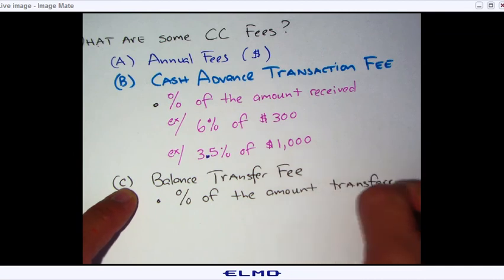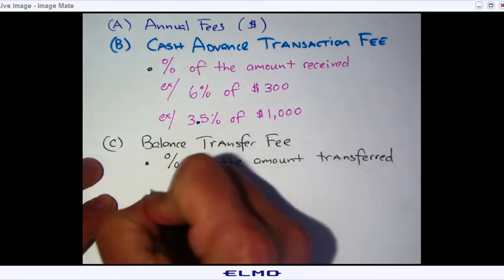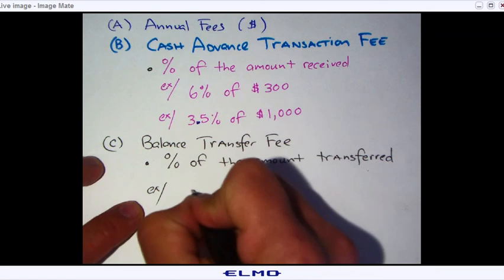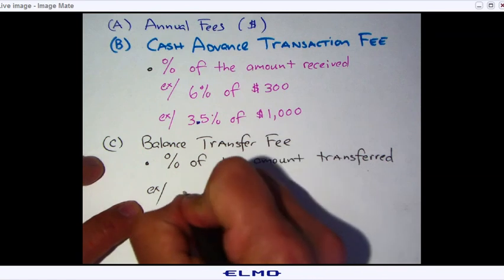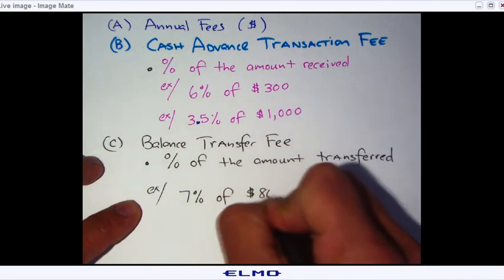Transferred, two R's. So again, here's an example. You're transferring $800, so 7% of $800.